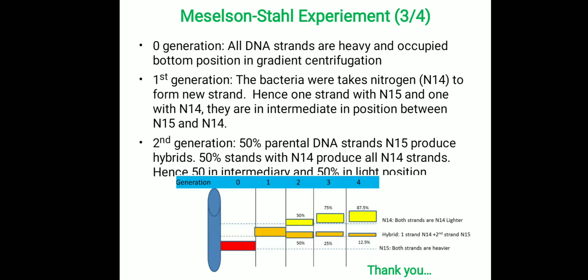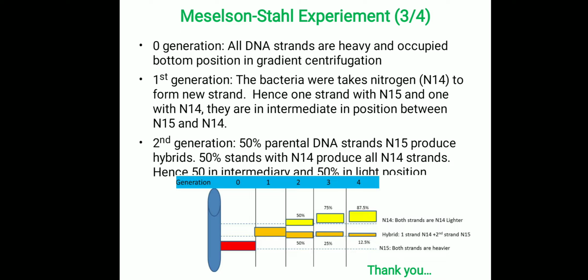When proceeding to the next generation, the 50% lighter molecules will produce 100% N14 lighter double strand DNA, whereas the 50% hybrid strands produce one half hybrid again and one half lighter again.